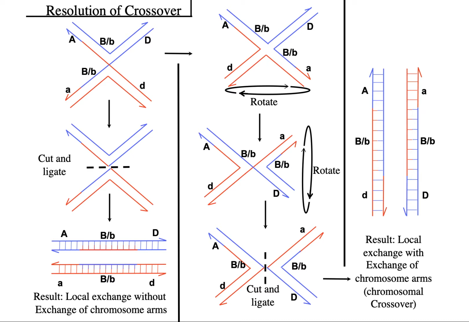So that middle portion will use either the one strand, the blue strand, let's call it, or it'll use the red strand to correct any errors in that. So that's how it's also a repair system.